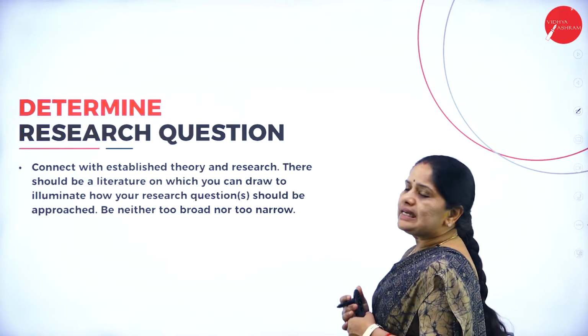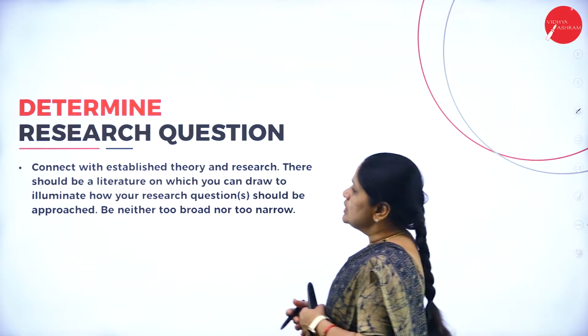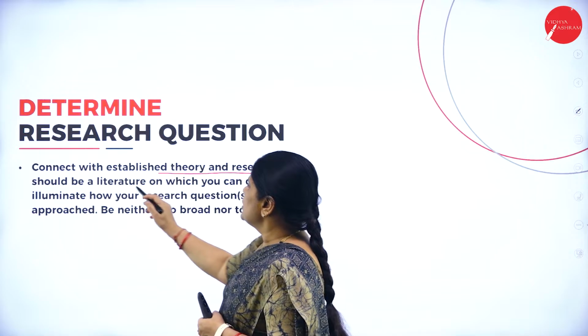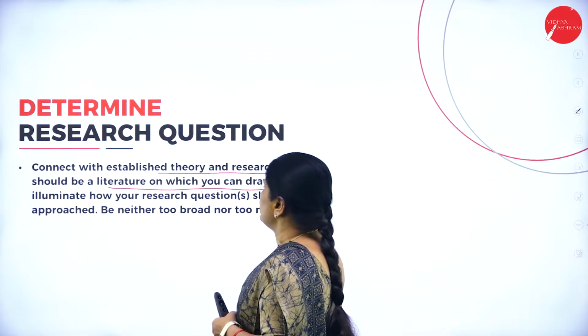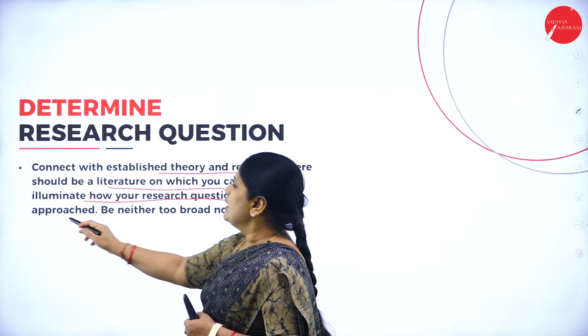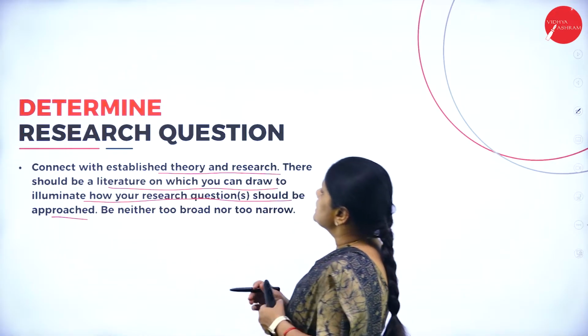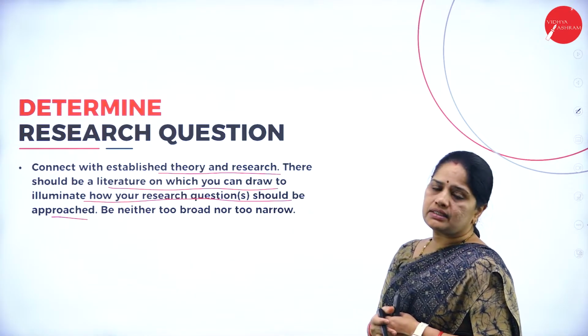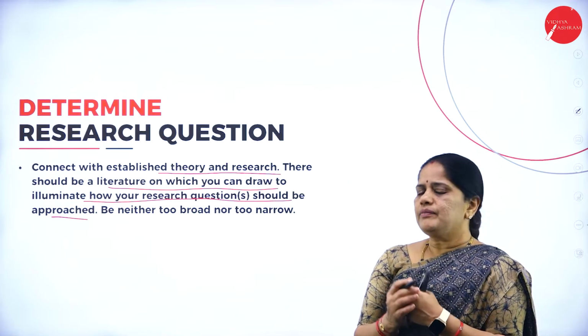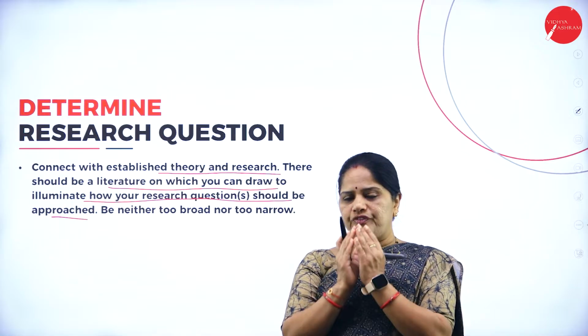Then determine the research question. Connect with established theory and research. There should be a literature on which you can draw to illuminate how your research question should be approached. Once we are done with the research problem, we know exactly how to frame the question.